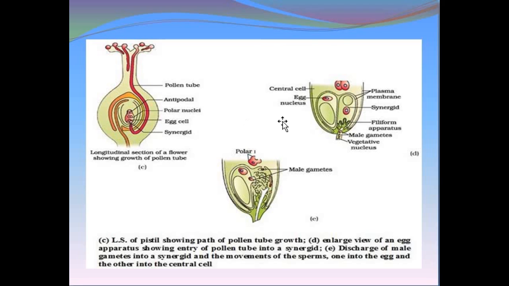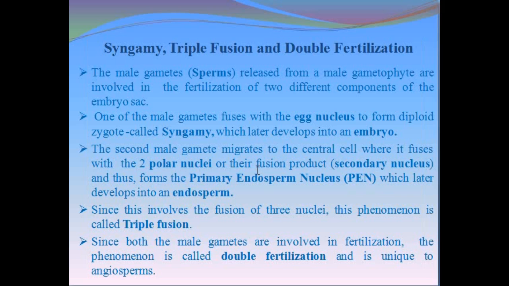After it reaches the ovule, the synergids receive the sperm nuclei present in the pollen tube, and after the discharge of the sperm nuclei into the embryo sac, one of the sperms fuses with the egg nucleus to form a diploid zygote, whereas another sperm fuses with the two polar nuclei to form the triploid primary endosperm nucleus.